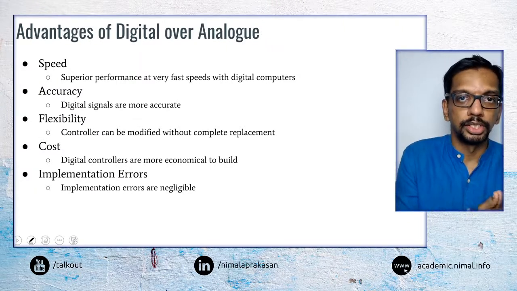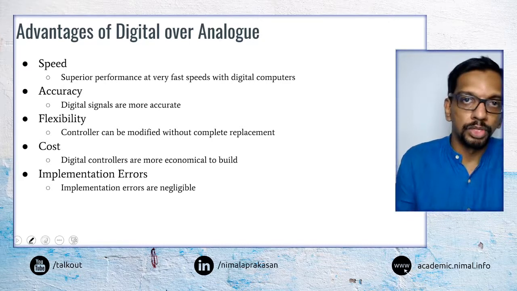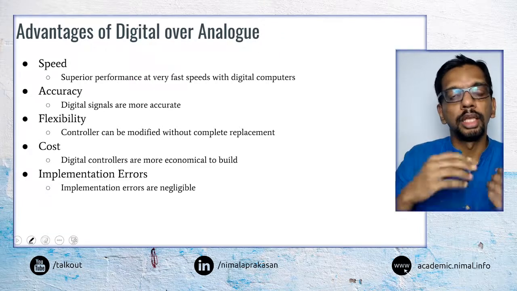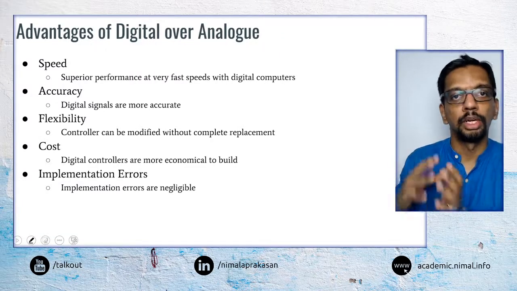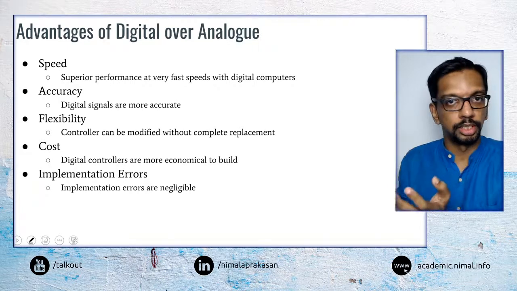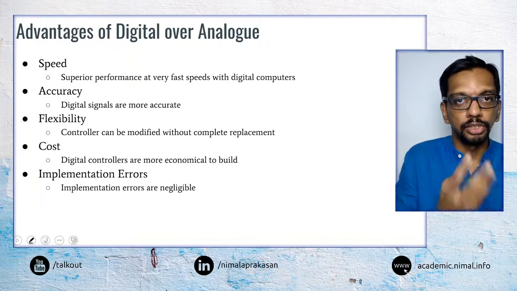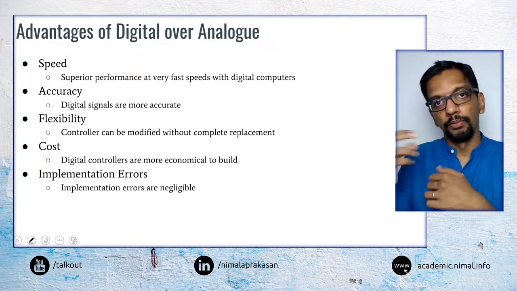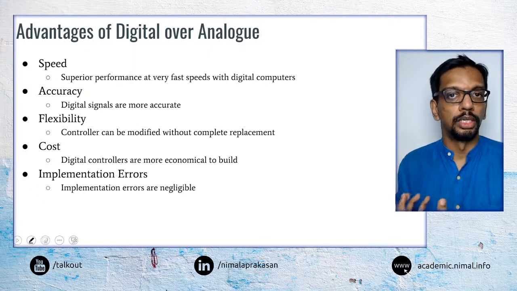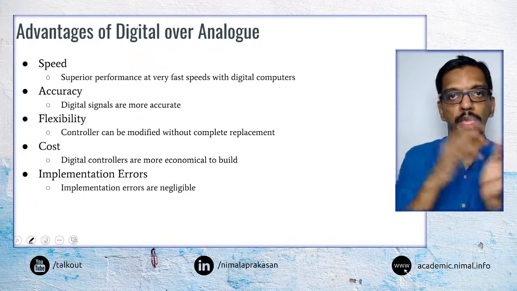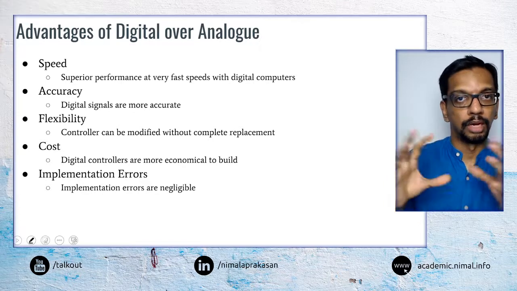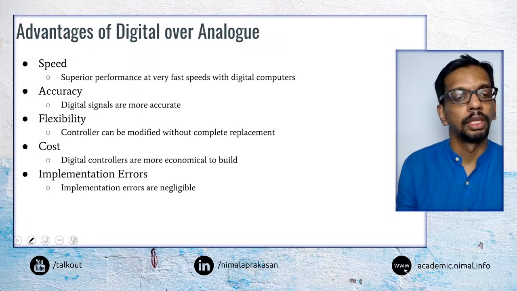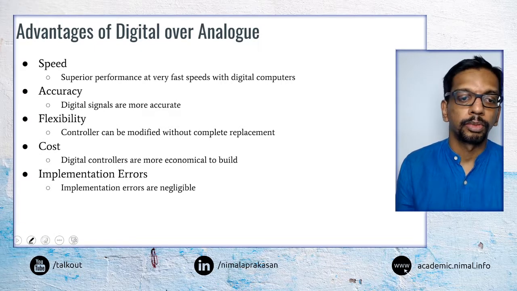Whereas if it is a digital system, we only need to change a piece of code and maybe recompile and upload the code to the system, and then the new instructions can be executed, because as long as the system is capable of it, we can change the instructions and give it new instructions. Whereas if it's an analog system, we sometimes have to make more significant changes to the underlying system to make it do something different. So that flexibility aspect is an important differentiation that we will find with digital systems.